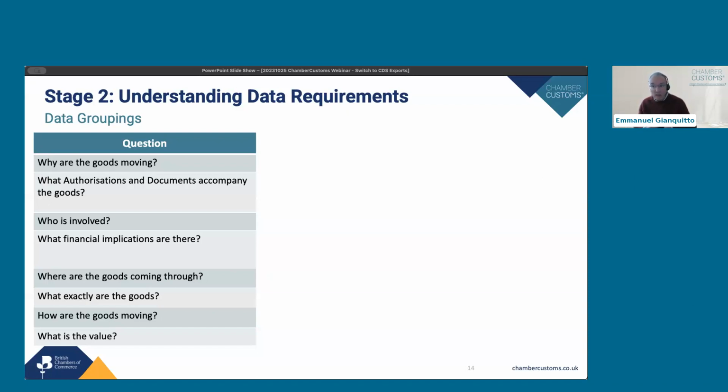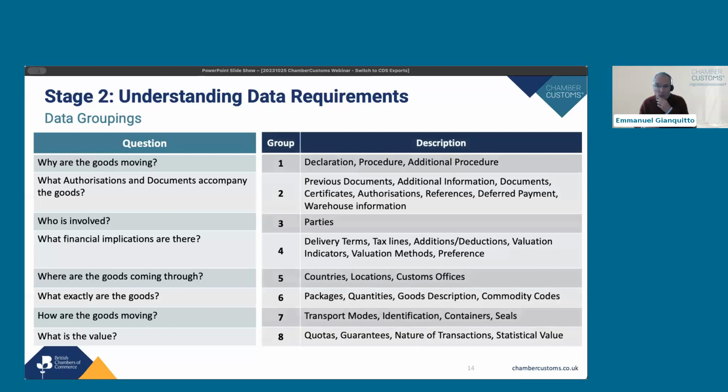So the data today is structured in 8 data groups, and these 8 data groups answer certain questions, all the questions that you might want to ask when your goods are moving. So why the goods are moving, what authorizations you've got, the parties involved, financial implications, the route and the destination of the goods, the description and all the details about the goods, and values, and all the transport information.